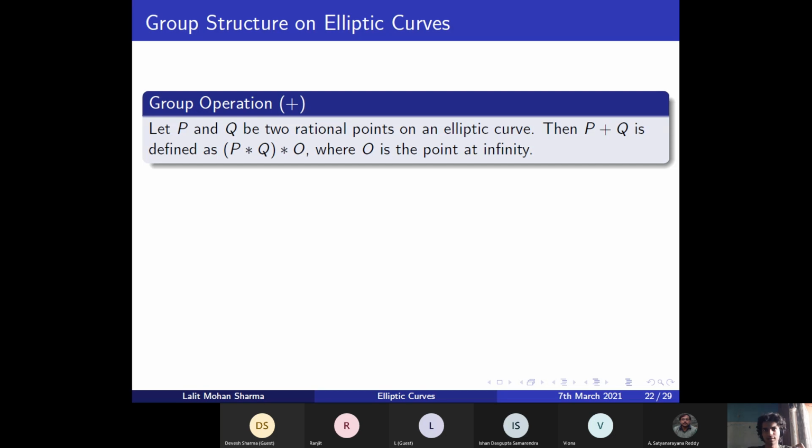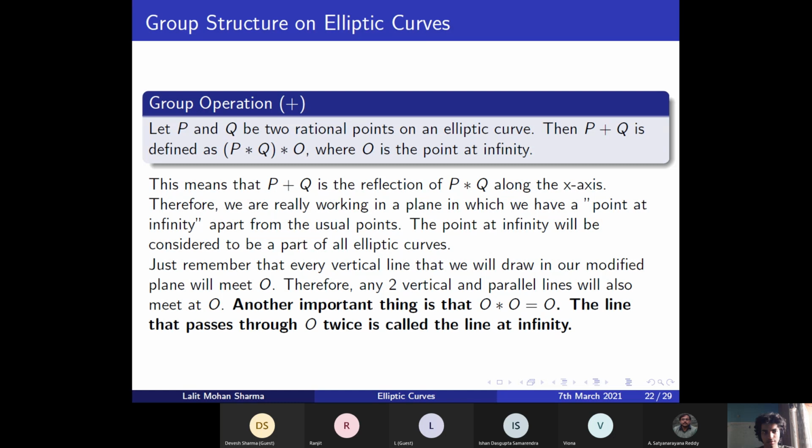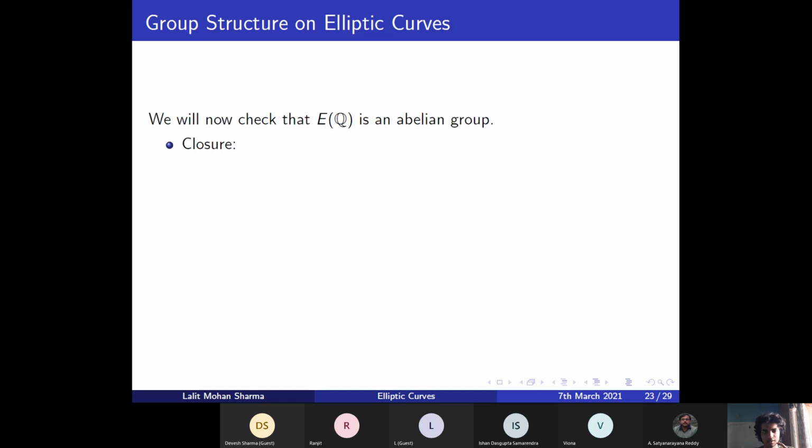We showed that. So everyone remembers that, right? That if P and Q are rational, then P star Q is also going to be rational. Using the sum of roots, we proved that. Does everyone remember that?